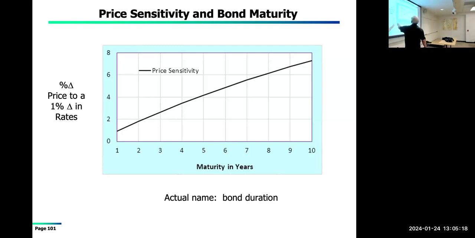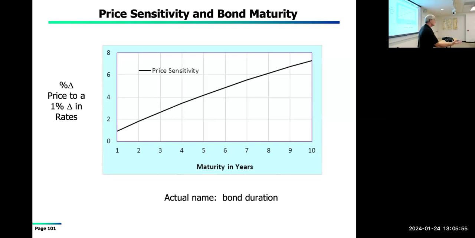And what this says is that the price sensitivity, how much a bond's value changes, is sensitive to its maturity, in years. Price sensitivity is sensitive to maturity. And that's why you might hear that as a bond ages, the price sensitivity starts getting less.